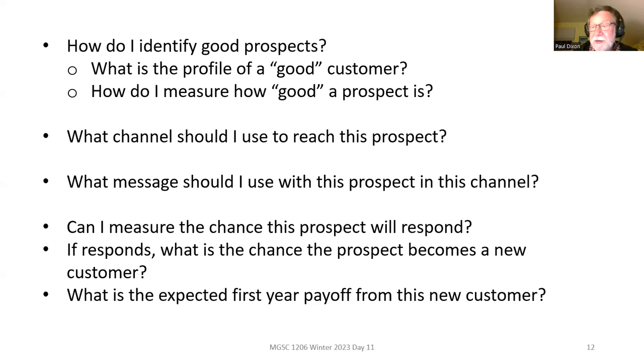Even if you know, say, what website you're going to advertise on, what's the message on that website? Again, you are trying to predict their response on different channels and find what's the best channel to use to get the response that you want.